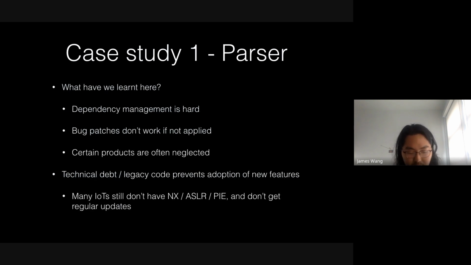So what I personally learned from this is that, first, dependency management is hard. Even if a bug is patched, if it's not applied to the device or whatever product we're talking about, then it doesn't work. You have to patch the bug and apply it for it to work.